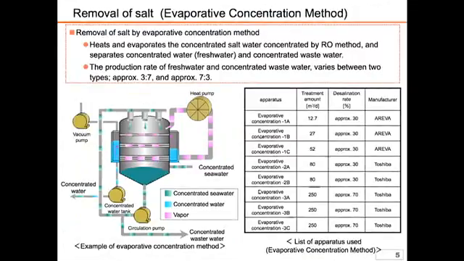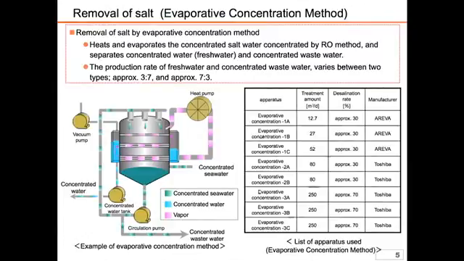We have another type of salt content removal system. That is an evaporative concentration system, which is similar to making a salt farm. The system makes salt-containing evaporated water and extracts fresh water. The condensate salt water remains as condensate wastewater.